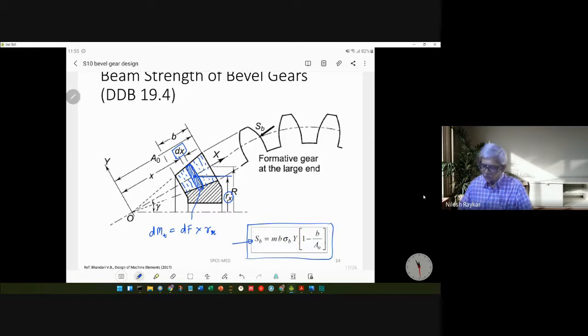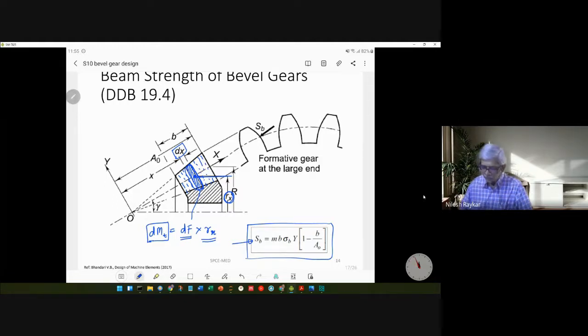For this slice, I will calculate using the Lewis formula what is the maximum tangential force this slice can take. If I multiply that tangential force by the radius at which that force is acting, that is given by Rx, that is the pitch circle radius of that particular slice, it will give us the elemental torque, that is the component of the total torque that this particular slice can take.